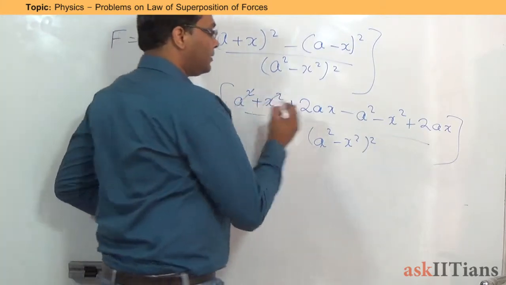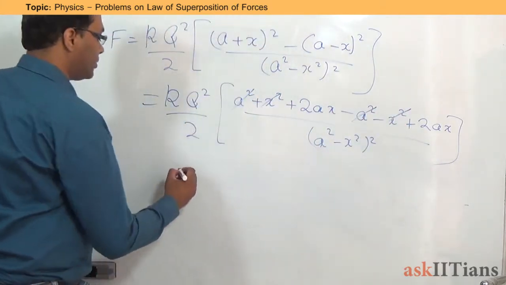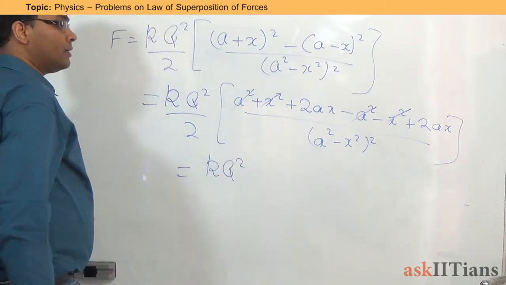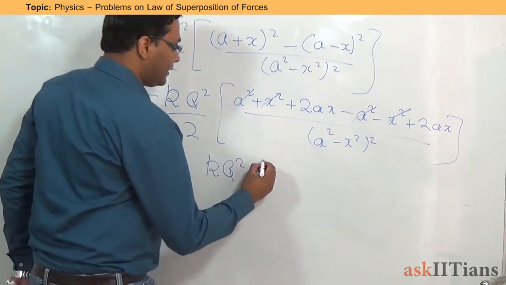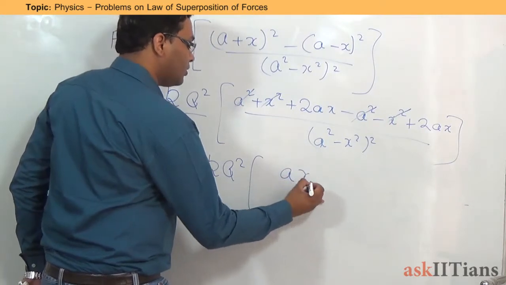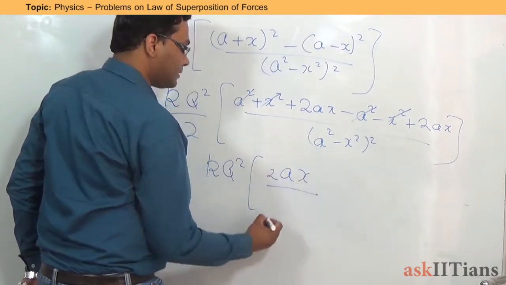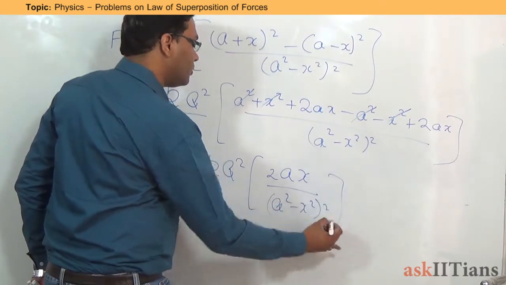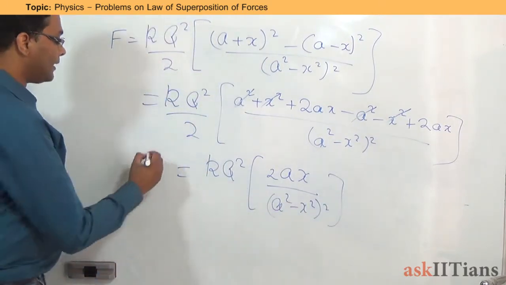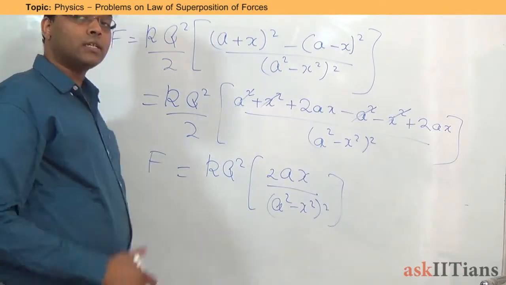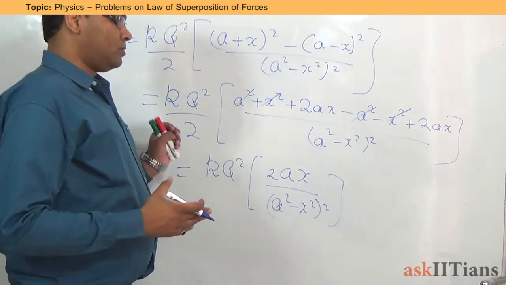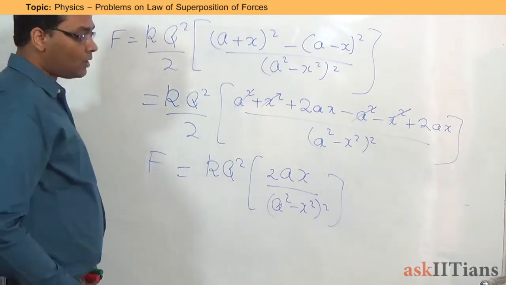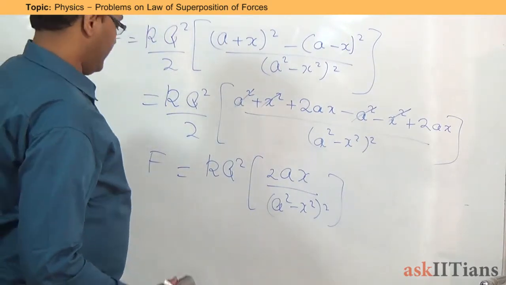So let's see, a square and x square go off. Therefore, I will simply be left with KQ square here, and here I will get twice ax divided by a square minus x square whole square. So this is the net force that will be acting on the charge Q by 2 when it is displaced from the x-axis. Right? Okay.